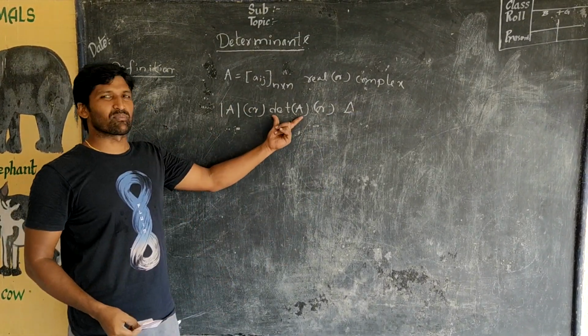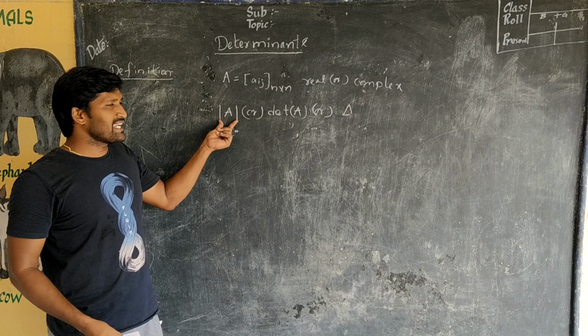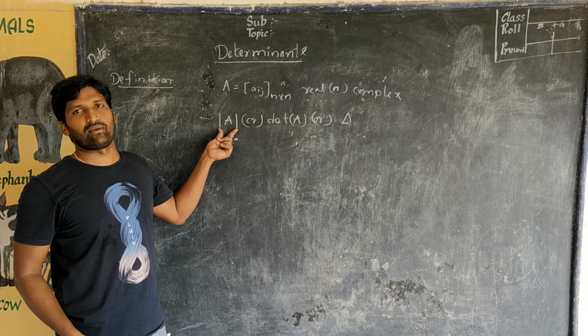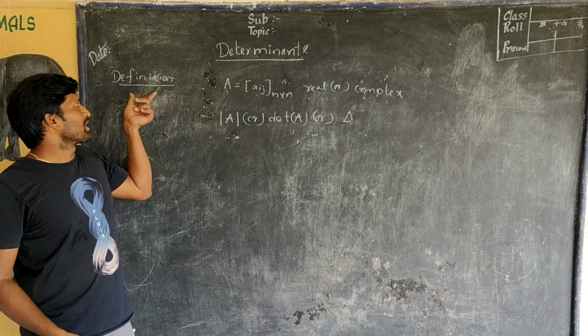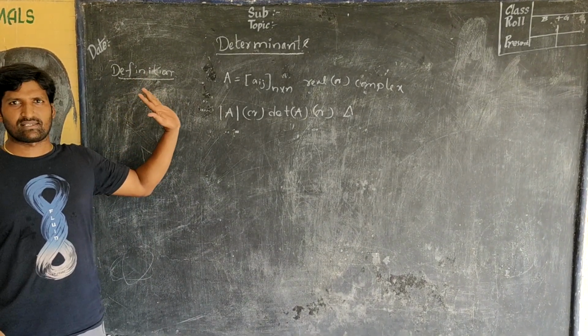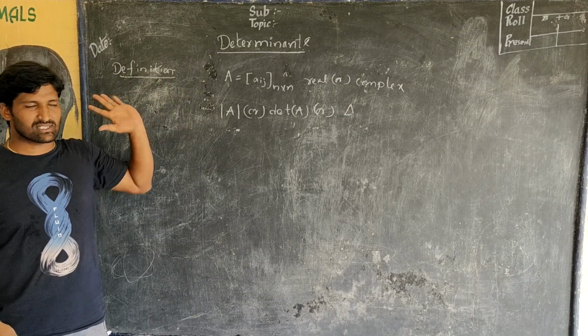This is also called the determinant of A. Det A is the determinant of A, but it is not a modulus of A. And one more thing, determinant can be evaluated only for square matrices, not for rectangular matrices.